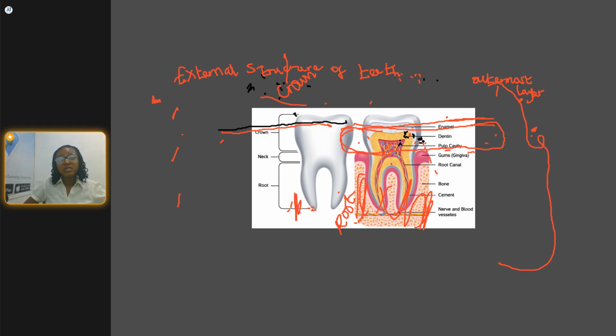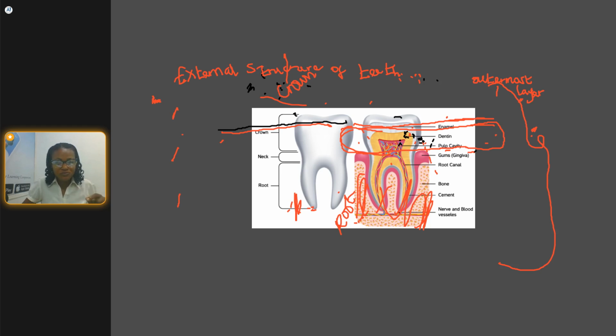What do I mean by sensation? If you eat something that is very, very hot, you feel it in your teeth. So it is this pulp cavity that is responsible for that sensitivity in your teeth. That is the function of the pulp cavity.